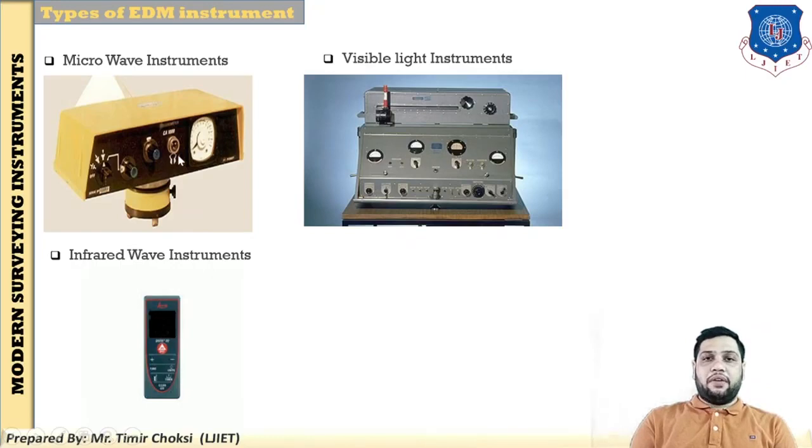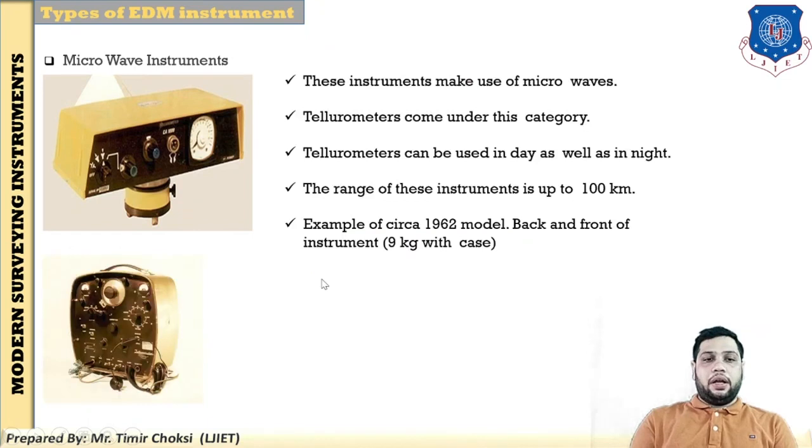This is an image of a microwave instrument, this is an image of a visible light instrument, and third is an infrared wave instrument. Now, the microwave instrument makes use of microwaves. The tellurimeter comes under this category. The tellurimeter can be used by day as well as by night, and its range is up to 100 kilometers. An example is the Cirrus 1962 model, back and front of instrument 9 kg with the case.